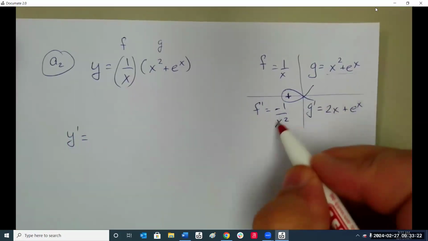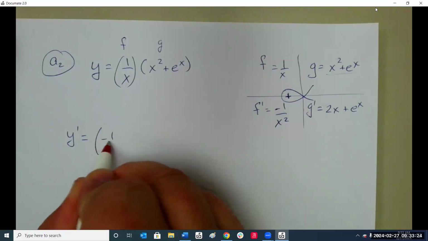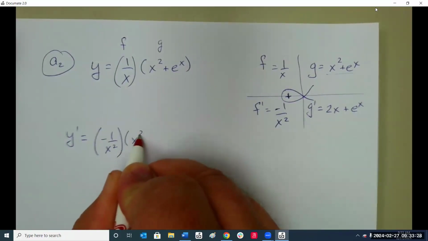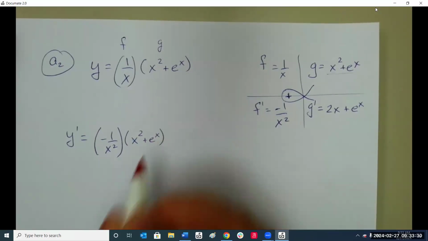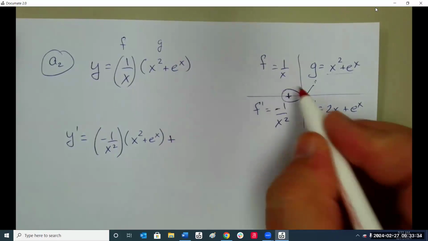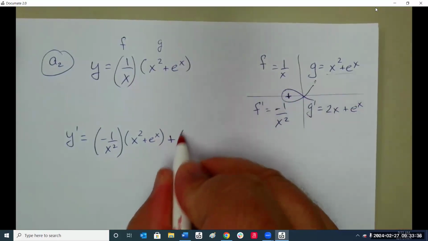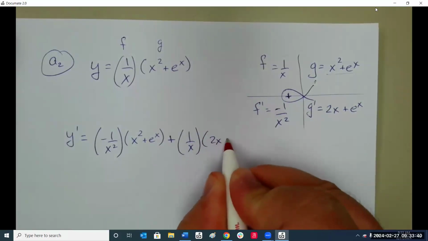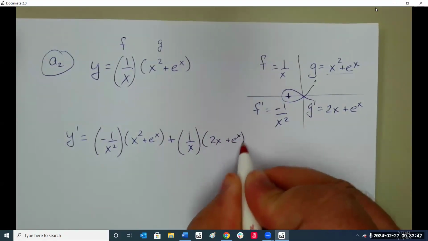So we have negative 1 over x squared times x squared plus e to the x. That's these two. Plus, now these two: 1 over x times 2x plus e to the x.